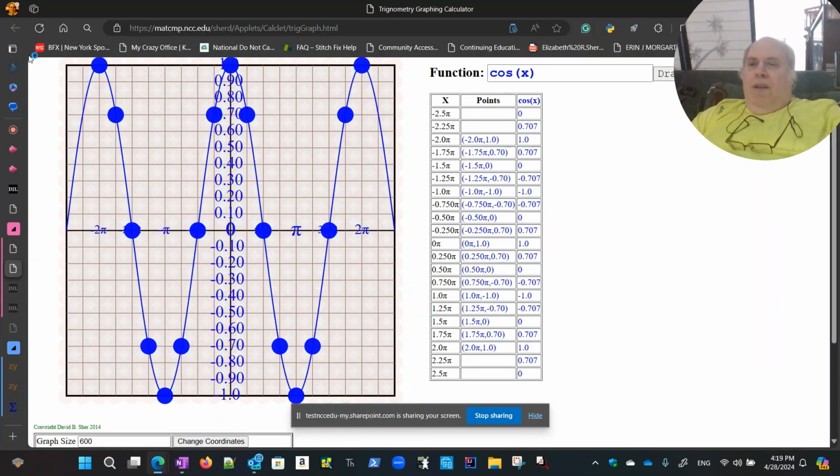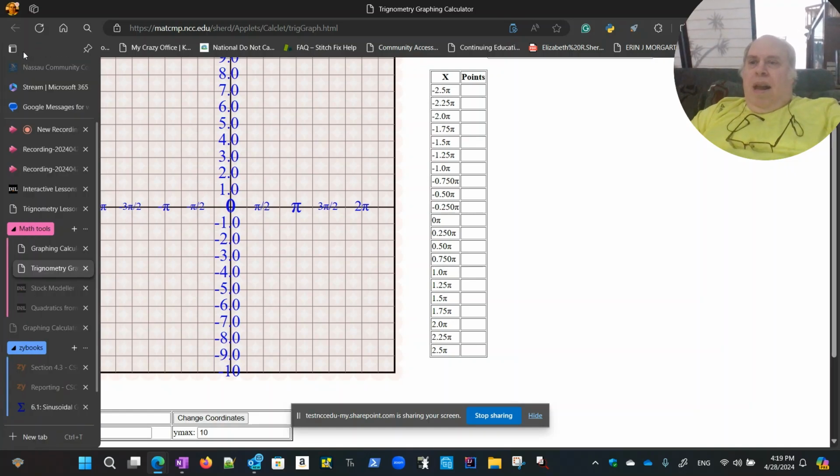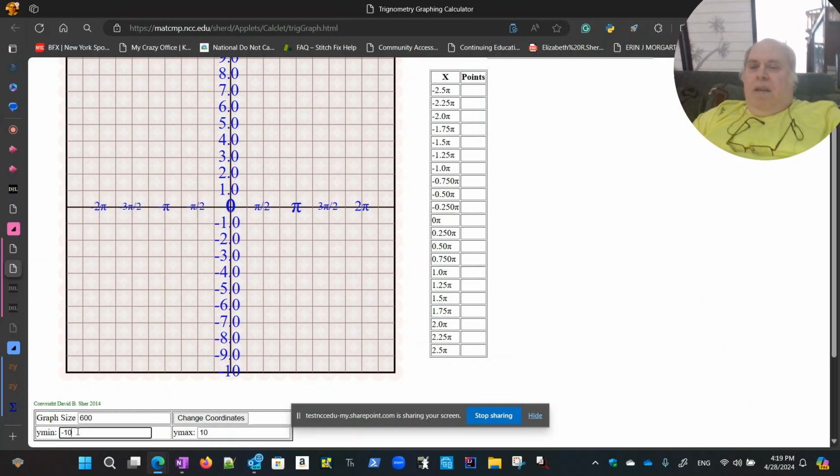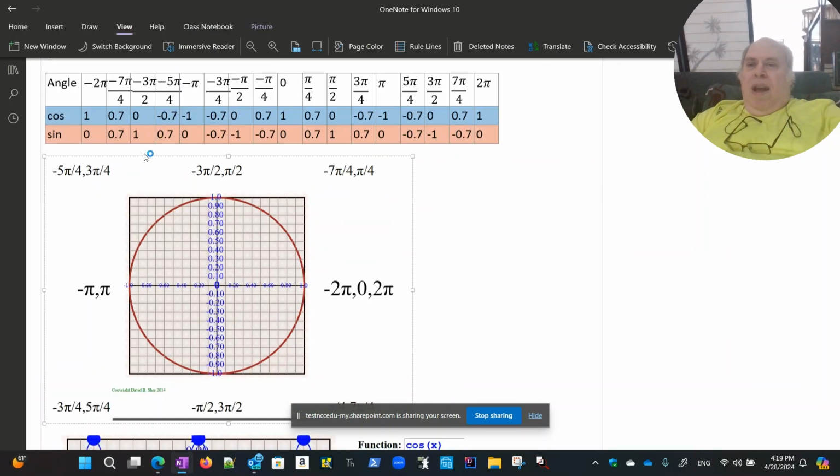Now the sine curve looks very different. First I'm going to refresh my screen. Let me just make this once again go from -1 to 1 in y. The x values once again start at -2 pi, but now we're doing the red sine value.